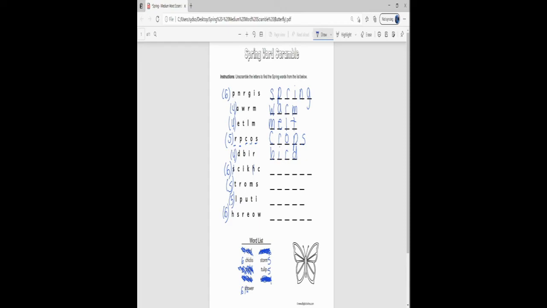You're right, it doesn't. So it can't be shower. How about chicks? They both have a C, an H, an I, a C, a K, and an S. So it has to be chicks.